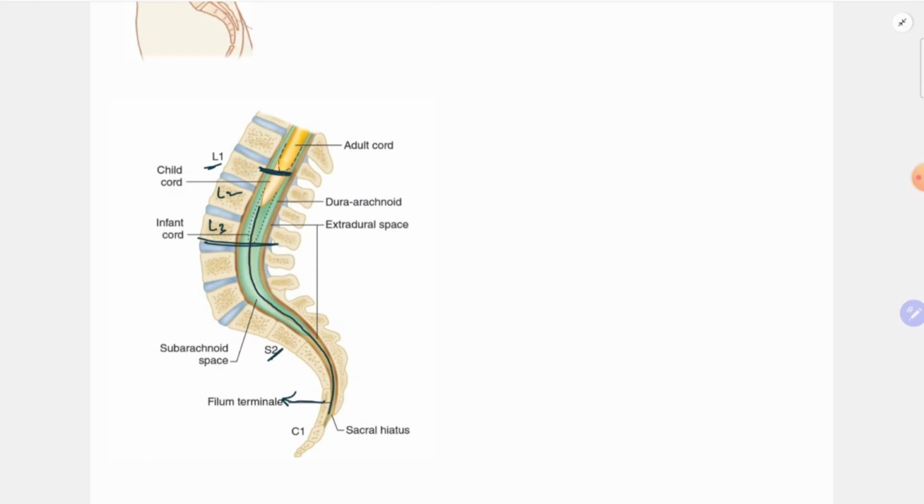And the coverings of the spinal cord, obviously the pia will end with the nerves and the spinal cord. The rest of it, which is dura and arachnoid, you see here it is mentioned dura arachnoid, we call this sac the dural sac itself because they are closely adhered to each other.